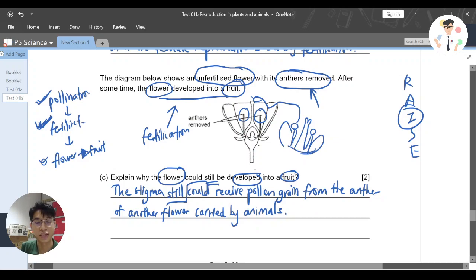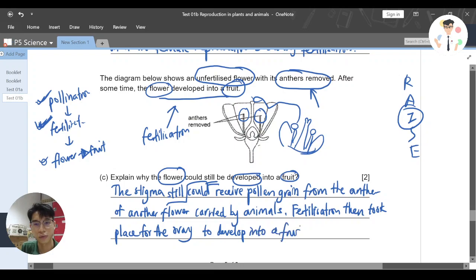Because without fertilization, this will not develop into a fruit, right? So fertilization then took place for the ovary to develop into a fruit.